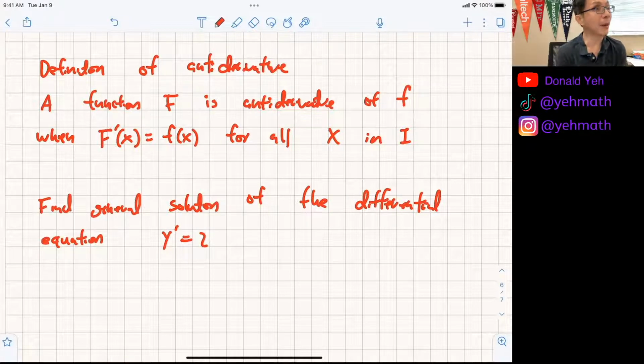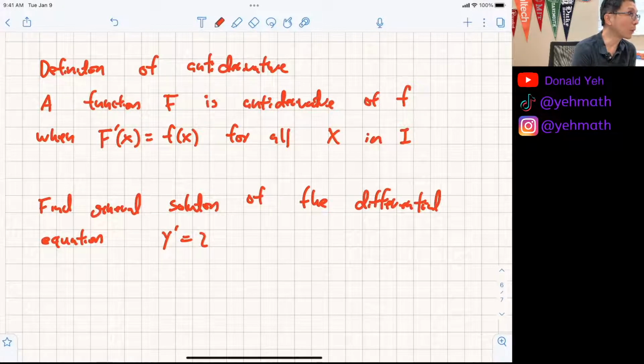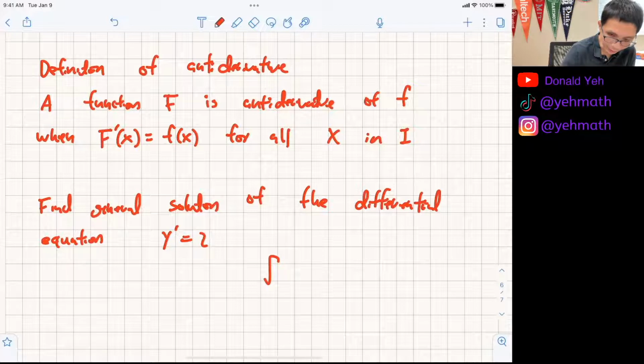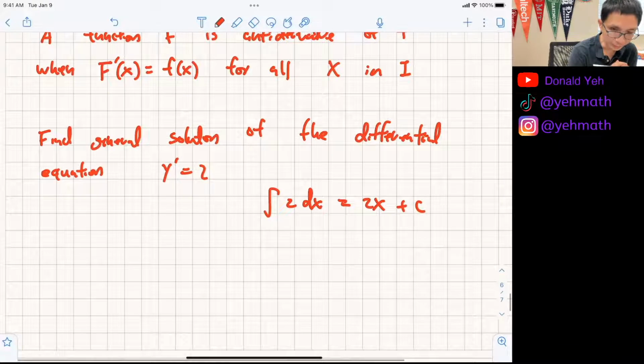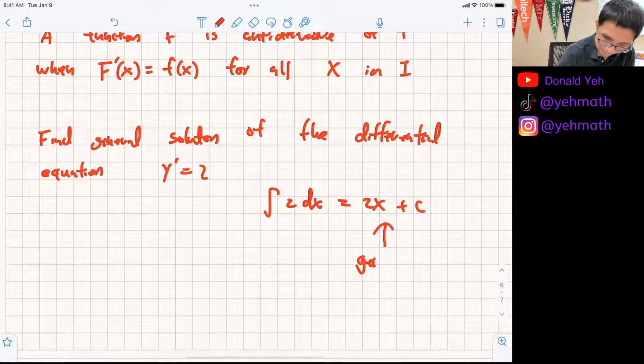So that means, can you find y? What do you have to do? Yes, it's just 2x. Good. Because the integral of 2 dx is equal to 2x, but more than that, plus c. Thank you. So there was a plus c. This is called a general solution.